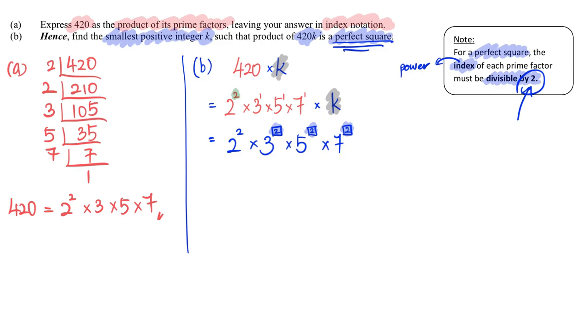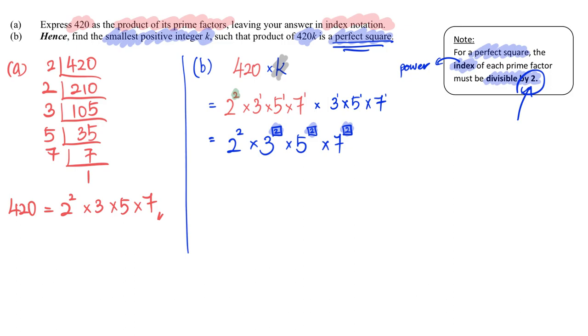So you can then see that, in order to make the powers 2, which is divisible, k should have 3 times 5 times 7, which are powers 1, 1 and 1.